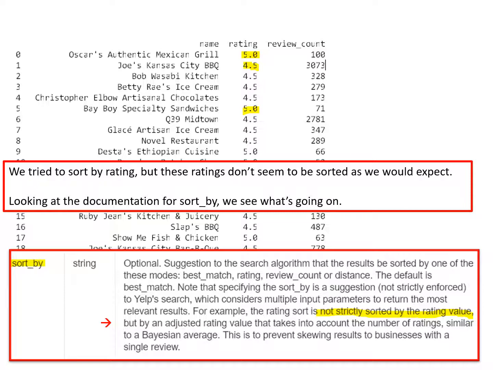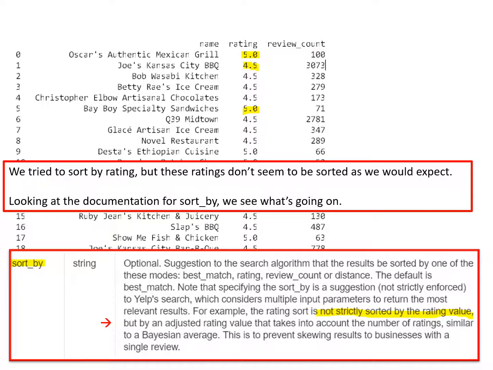So if only one person has reviewed it and it gets a 5.0, that's not going to be up there with the highest 5.0s, because it's only one person thinking it's high, and only one person even rating it at all, with an average of 5. That's not going to be meaningful.